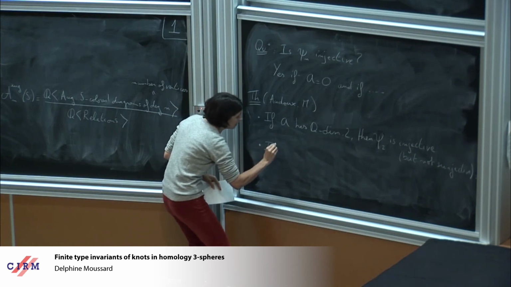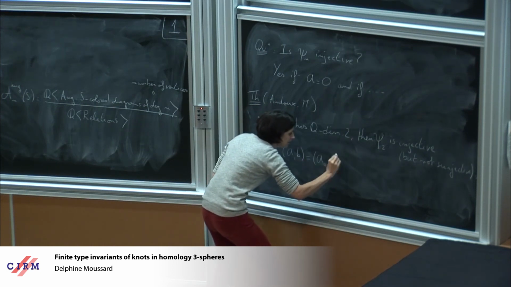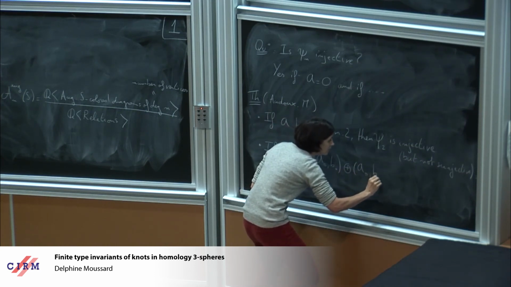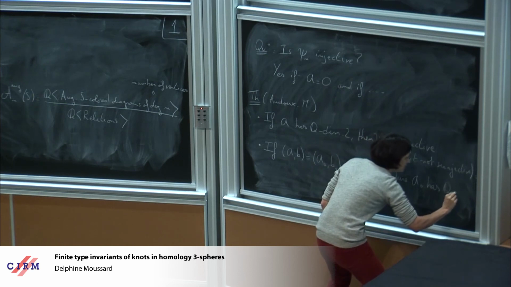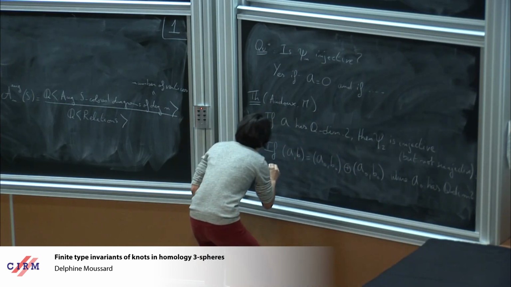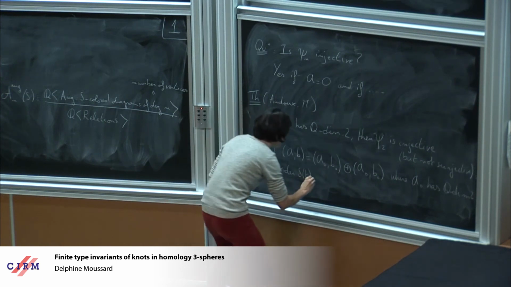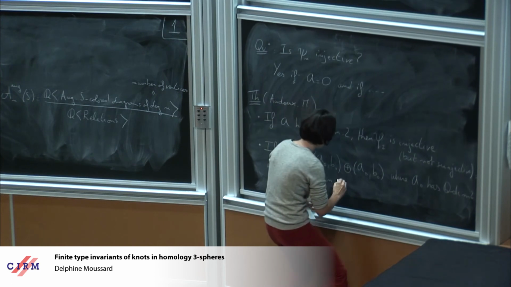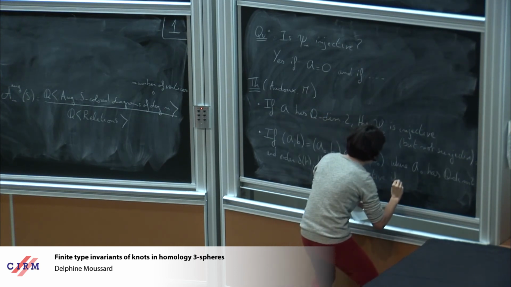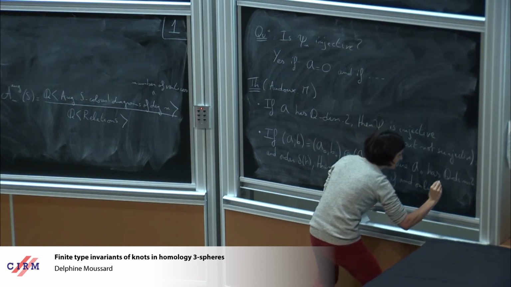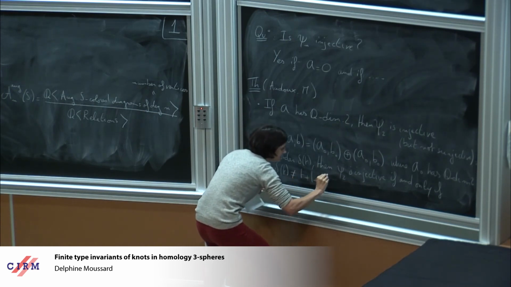And the last case: if the Blanchard module AB is the direct sum of two copies of the same Blanchard module A0, where A0 has Q dimension 2 and order, or annihilator, delta, then psi 2 is injective if and only if the order delta is different from t plus 1 plus t inverse, up to an invertible.